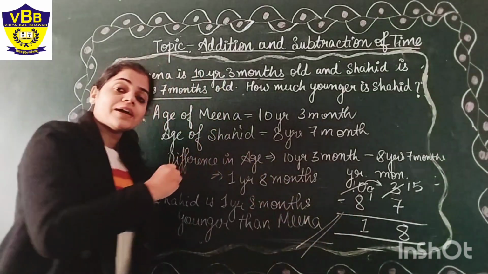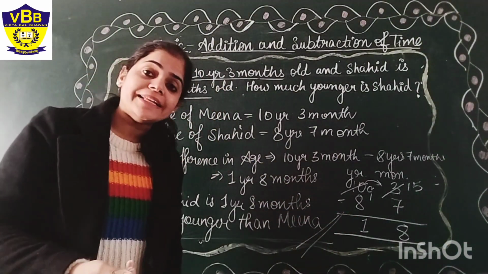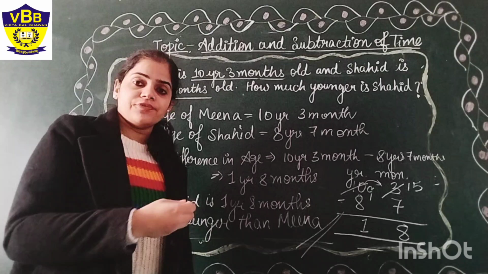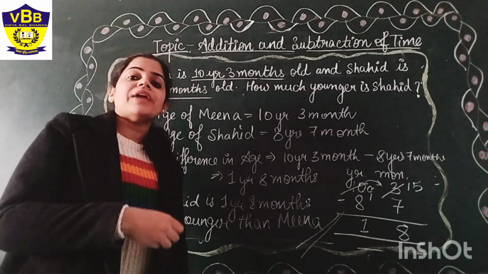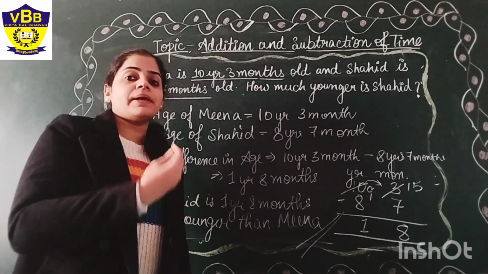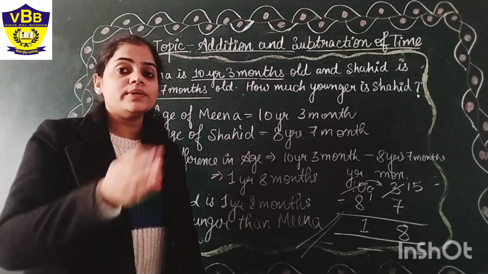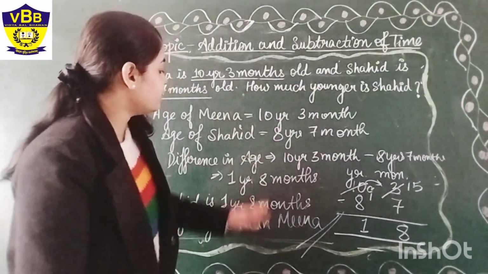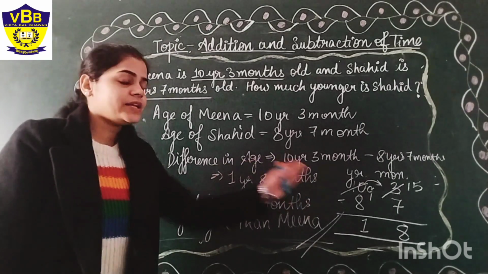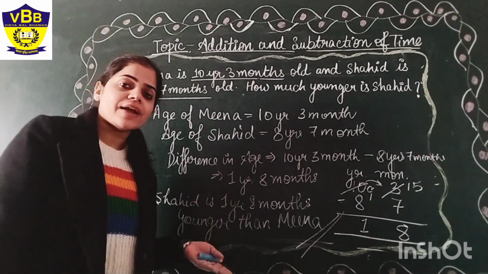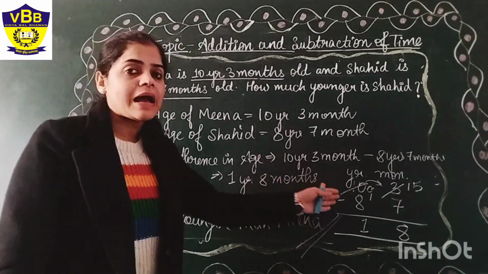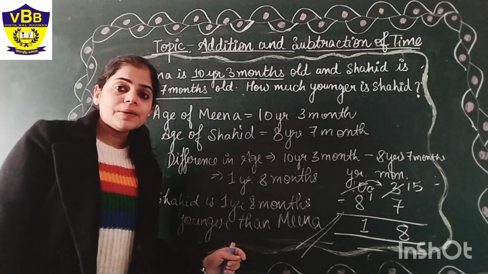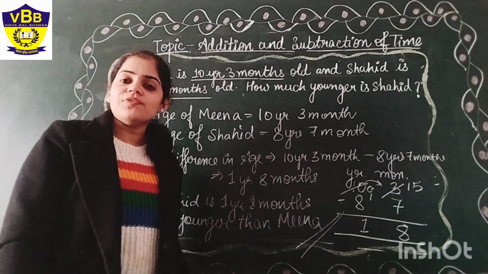When we have to find the total age, we do the addition. When we have to find the difference between ages, or who is shorter, who is bigger, or who is younger, who is older, in that case we do the difference. How to find the difference? By doing the simple subtraction that we have done earlier. So you should know how to subtract it. Okay, beta? So in today's class, what have we learned?